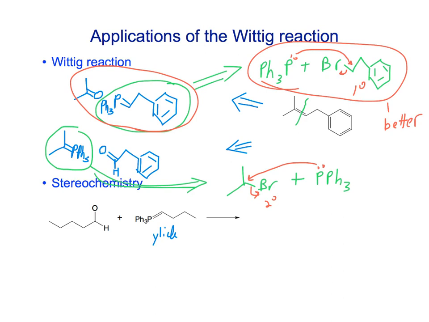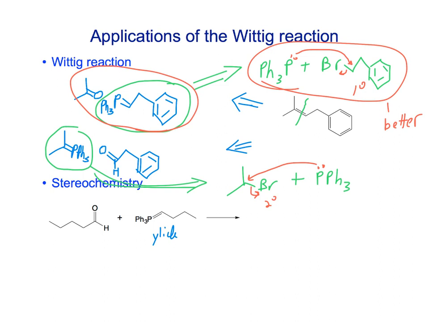So is there just one possible product, or do you have to make a decision when you draw that product? What kind of decision? Yeah, the stereochemistry, right? It says it right there.